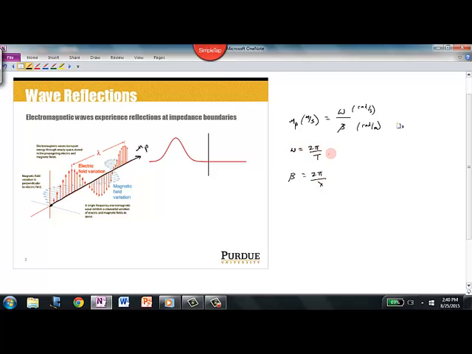Oftentimes we'll rewrite the top equation as 2 pi times f, the cyclic frequency, more commonly called the frequency. If we sub these two equations in, the propagation velocity of an electromagnetic wave is equal to 2 pi f divided by 2 pi over lambda.